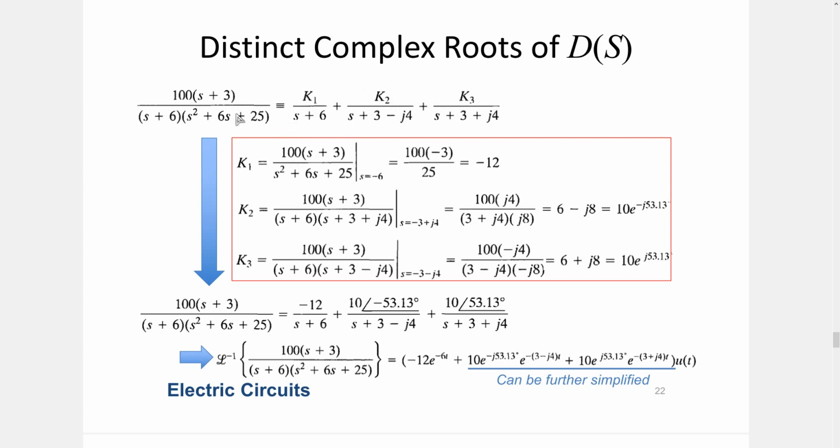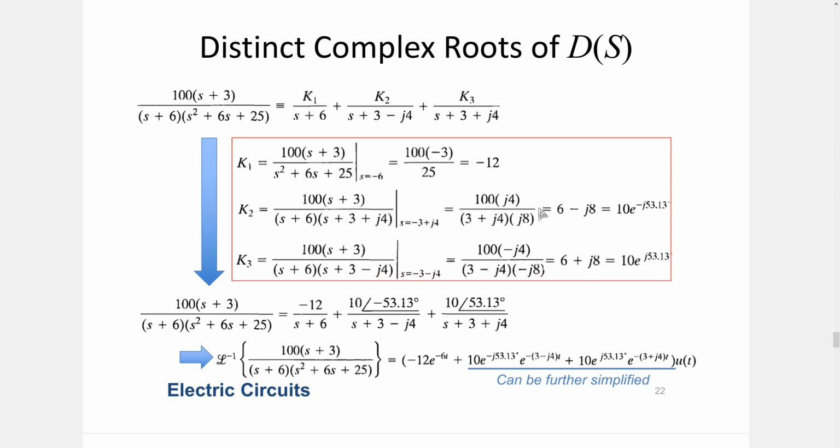We multiply with, for instance, s plus 6, then we substitute minus 6 into it to isolate k1, get rid of the others, and compute k1, k2 and k3 in a very similar manner. You just need to multiply and then give the value that zeroes out the rest of it. So you isolate and calculate your coefficients.